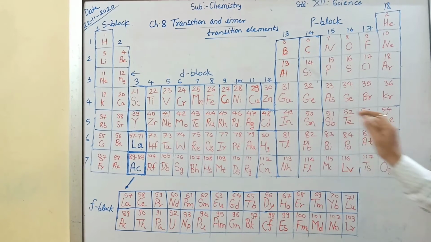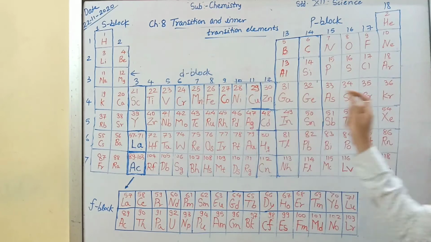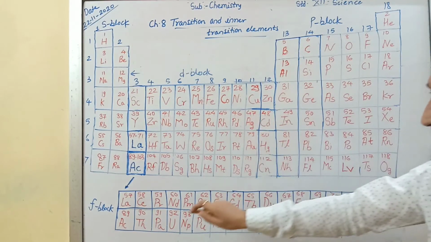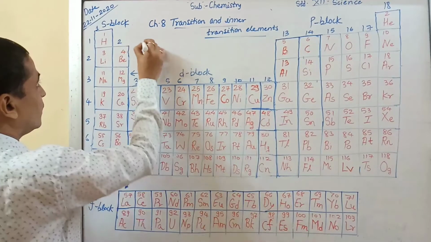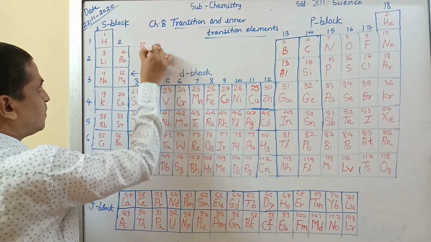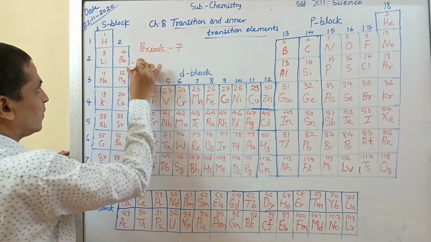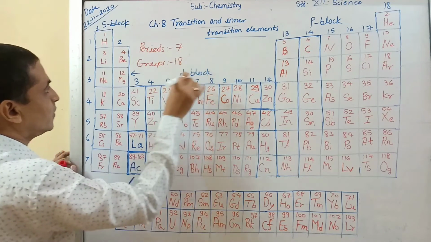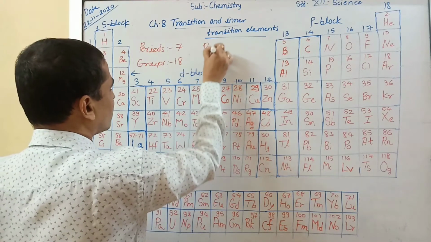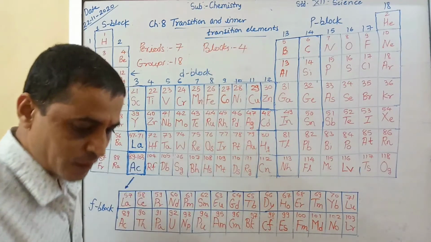And this table is divided into 4 blocks: S block, P block, D block and F block. So we got 1 point: periods 7, groups 18, blocks 4.